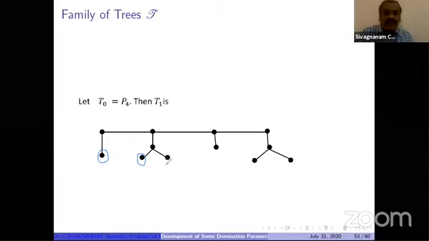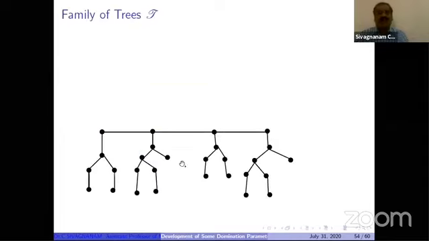But I cannot select this vertex, because the distance is 2. I can select any one of these vertices. At these vertices, I add some number of K2s, like this.